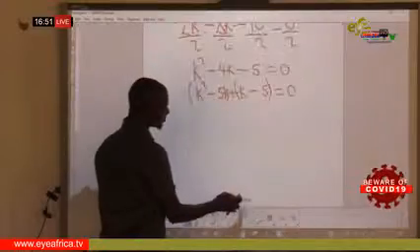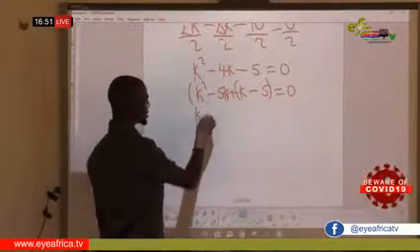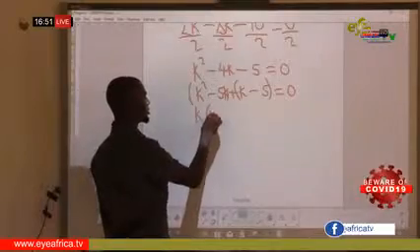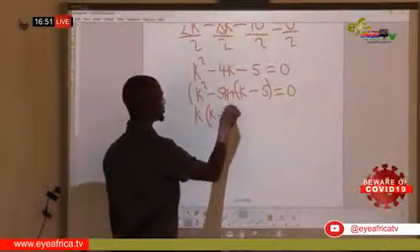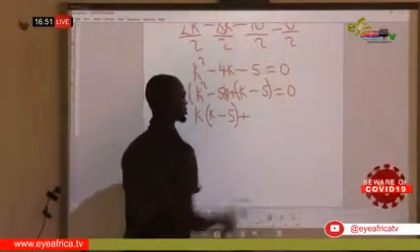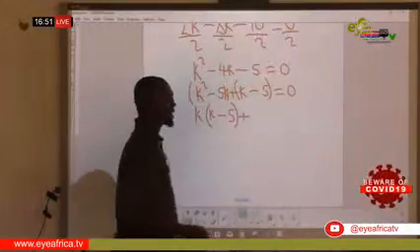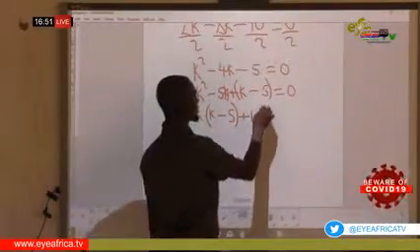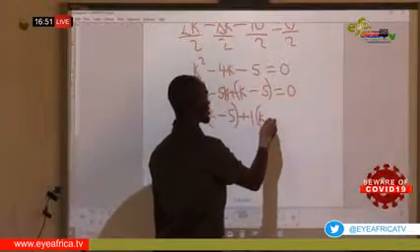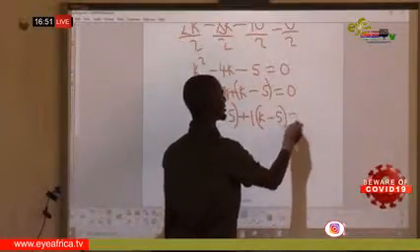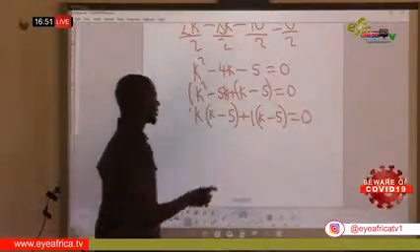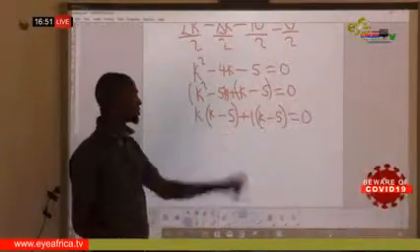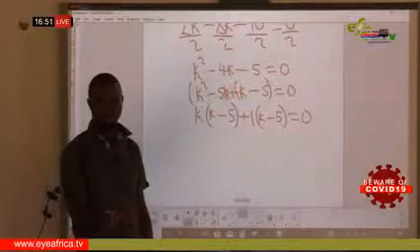We will have k outside, that is the common factor. So we will have k minus 5. Then you have plus. What is the common factor here? There's no common factor, so the common factor is 1. So we have plus 1 times k minus 5 is equals to 0. So we get the common factors. K minus 5 is one factor and k plus 1 is another factor.